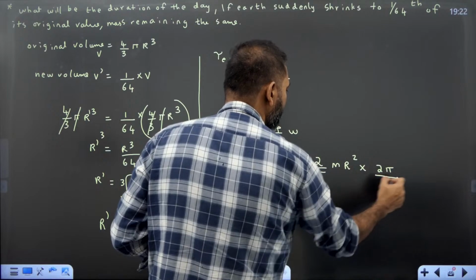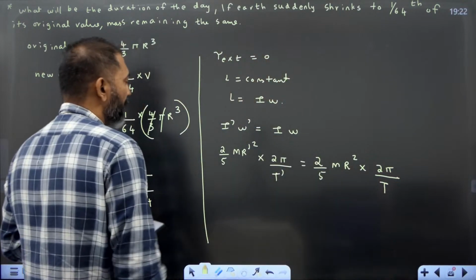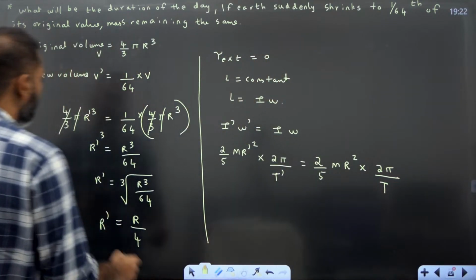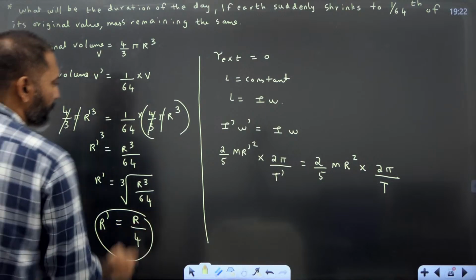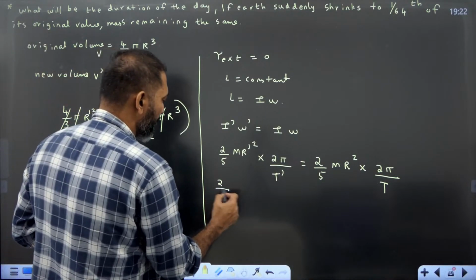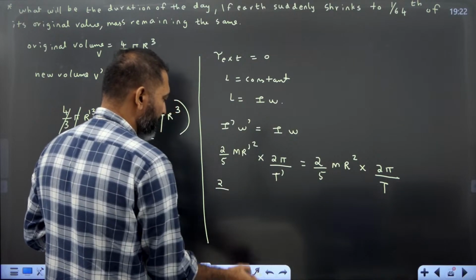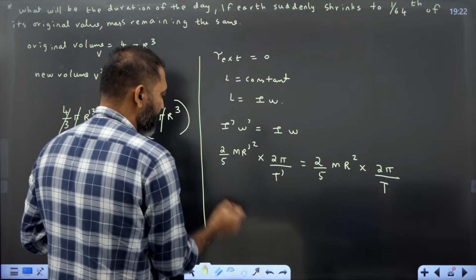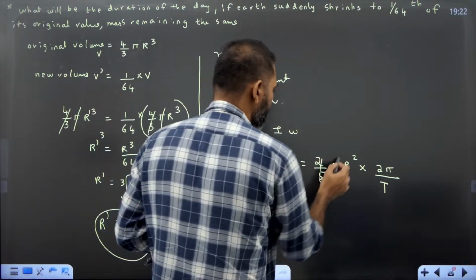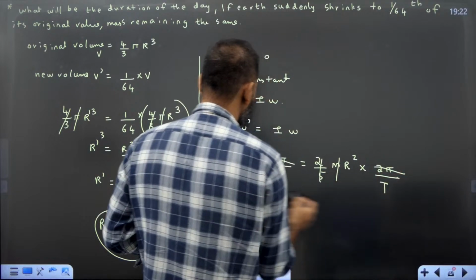Now, instead of r dash, I can write r by 4. 2 by 5 m cancels both sides, 2 pi cancels both sides.